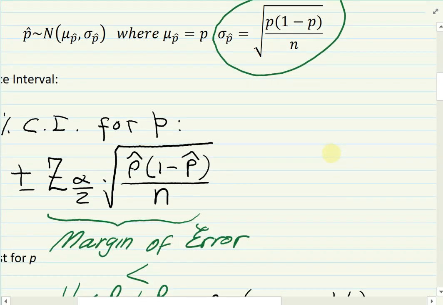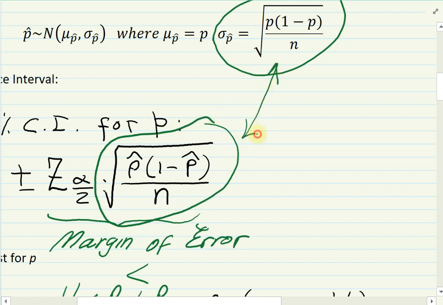In the other formula you see something slightly different: the presence of the hat, or caret sign, on p. This is a theoretical distribution, but since we don't have p, we use an estimate of p, which is p hat, in that theoretical distribution.